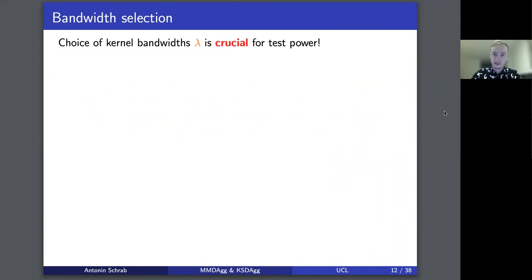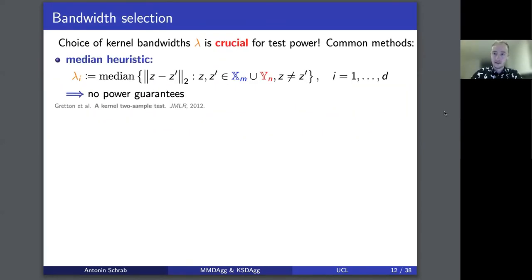So yeah, as I hope I've convinced you, the choice of kernel bandwidth is crucial for test power for an MMD test. And some common methods to choose the bandwidth that are used in practice are to use some heuristics like the median heuristic, or we can use some standard deviation.